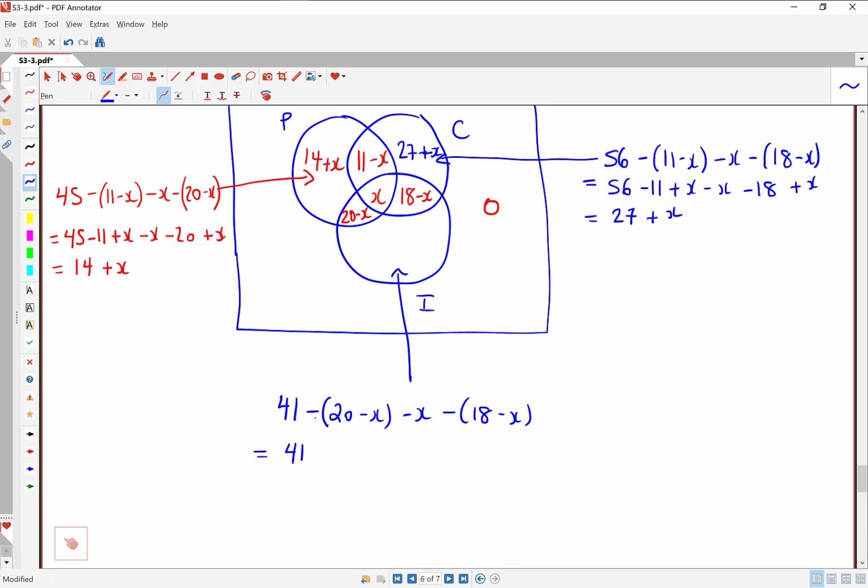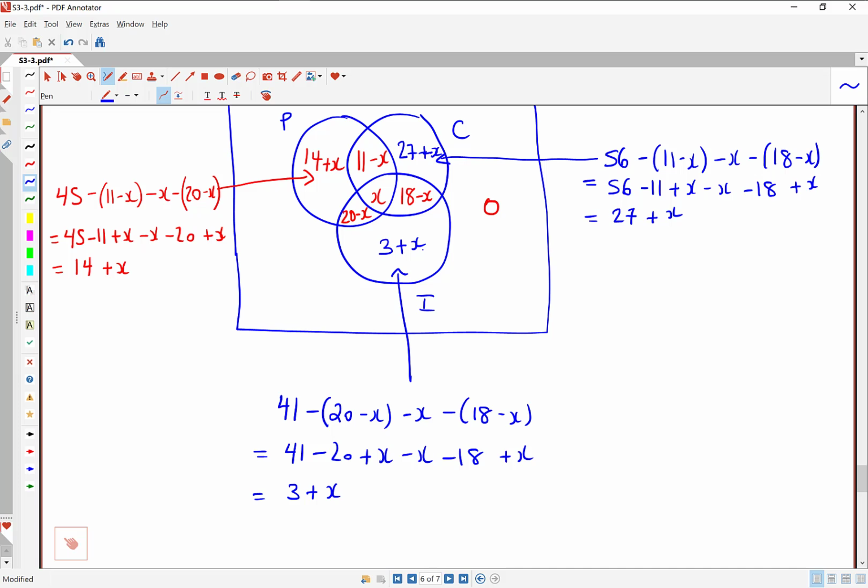So again, if you've got brackets, you want to take a step just to expand there. So 41 minus 20 plus x minus 18 plus x. We'll do the number part. 41 minus 20 minus 18 gives us 3. And x minus x plus x gives us plus x. So 3 plus x. So we're almost done.